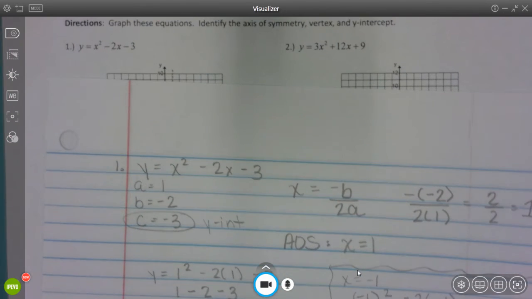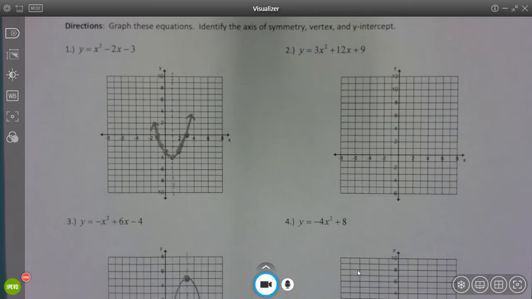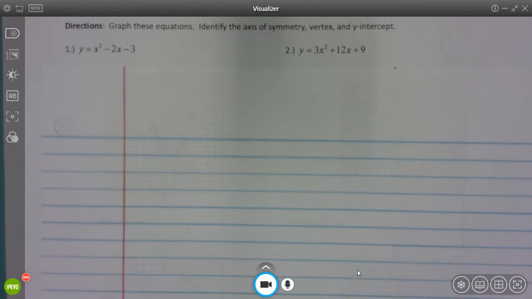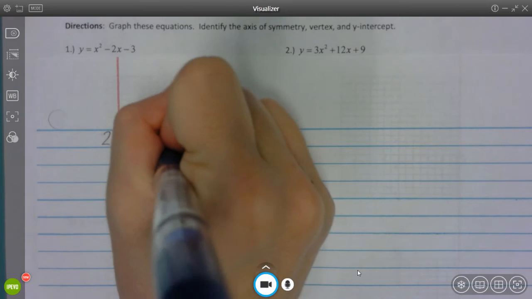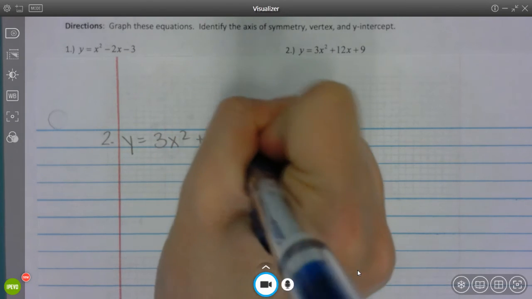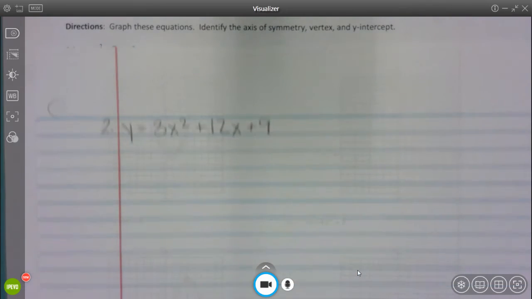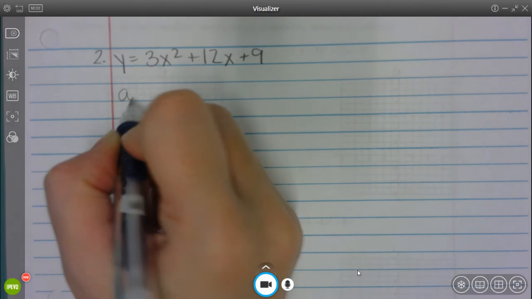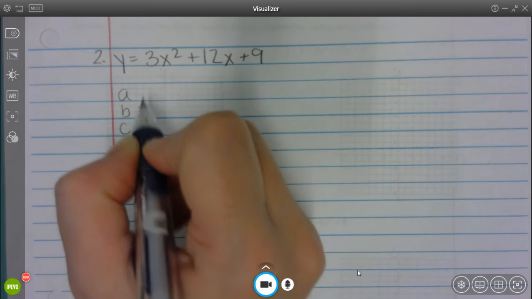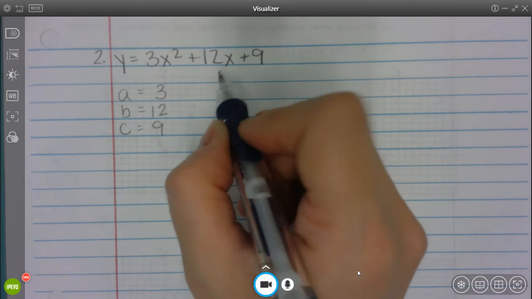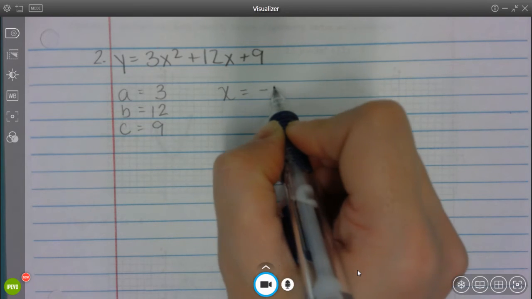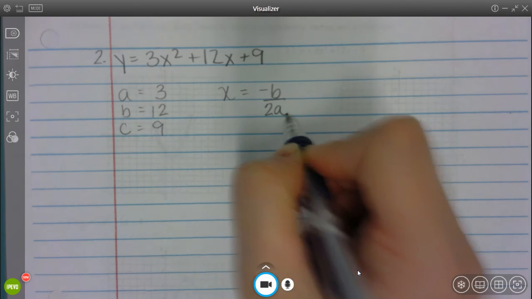So the next one we'll look at is example number 2. So I've got 3x squared plus 12x plus 9. So I'm going to find A, B, and C. So this is 3 and 12 and 9. Now I'm going to go find my axis of symmetry. -b/2a.